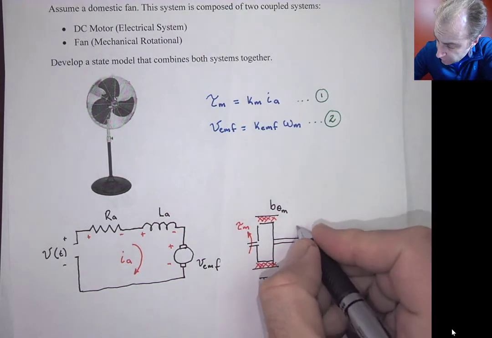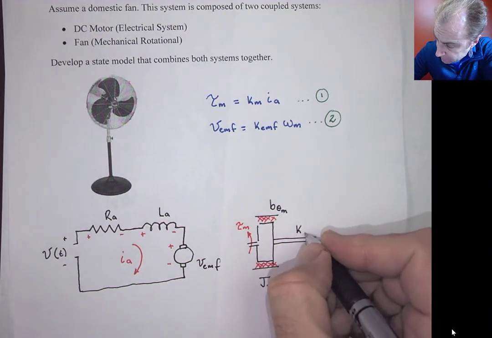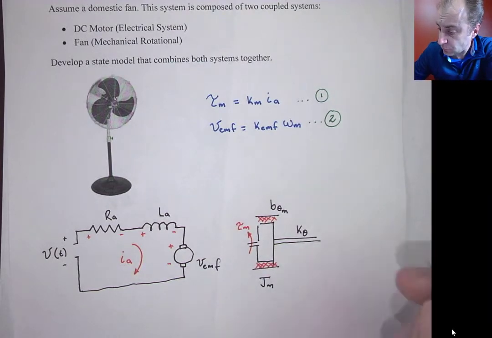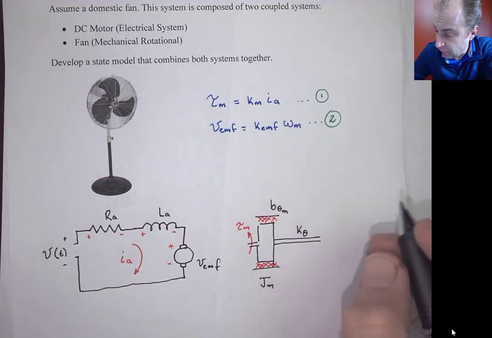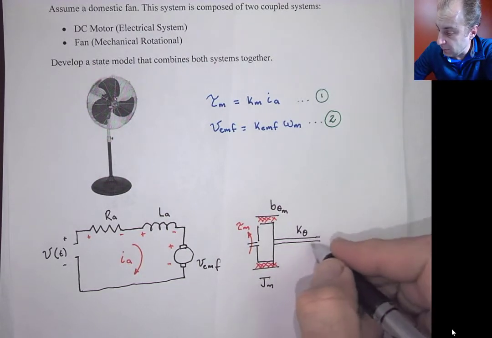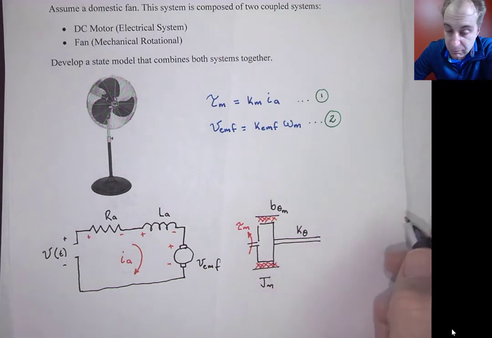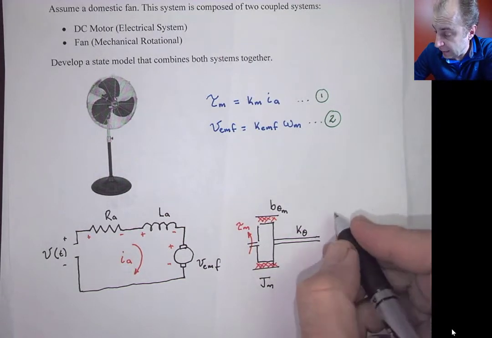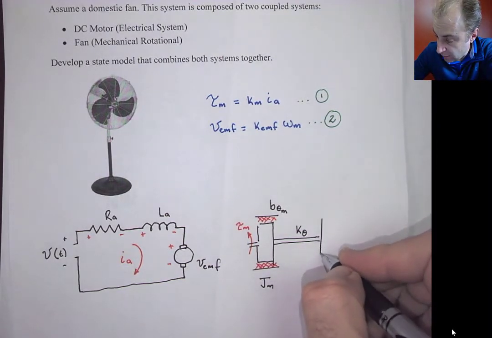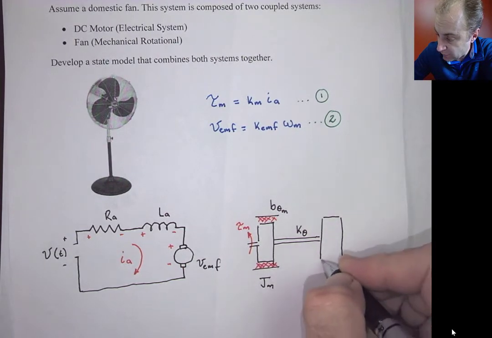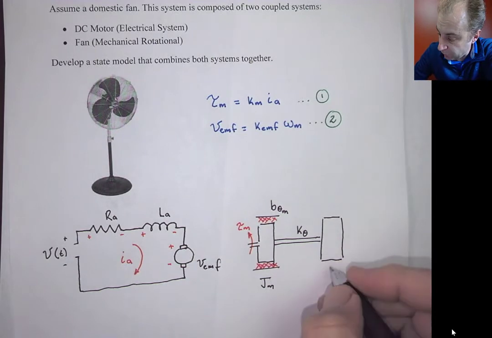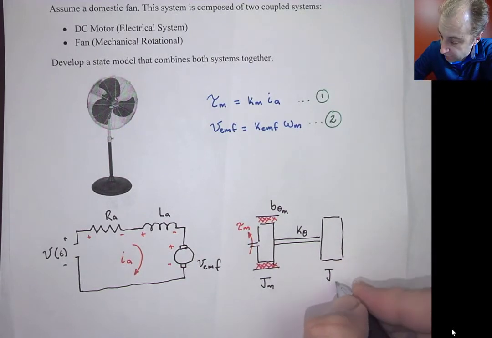So we're going to have a flexible shaft, and then we're going to have another inertia element that represents the blades of the fan. Let's call that JF.